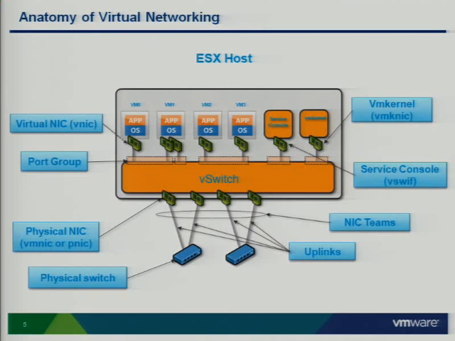Besides the teaming policy, we also have other policies like port security. One example is, do you allow the VM to forge its own MAC address? That is, are you going to allow traffic where the source MAC address does not match what the VM started out with?